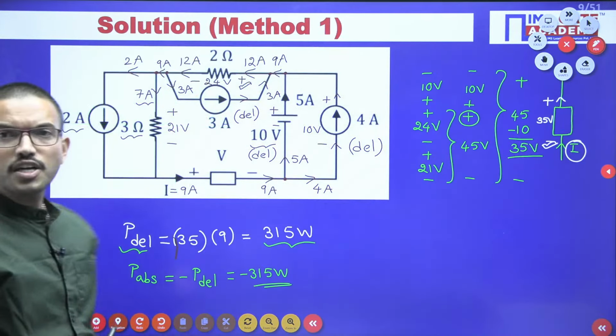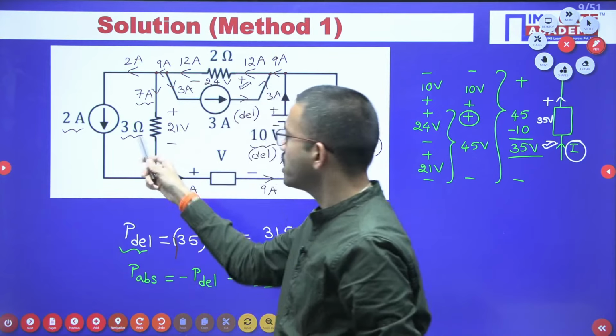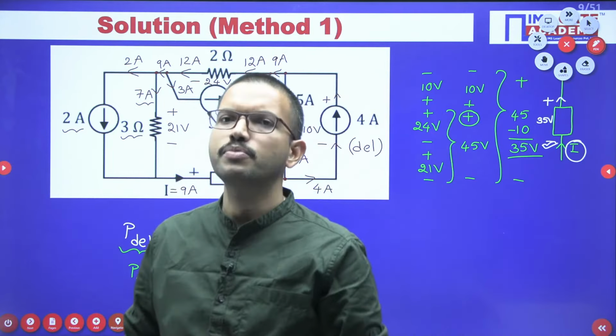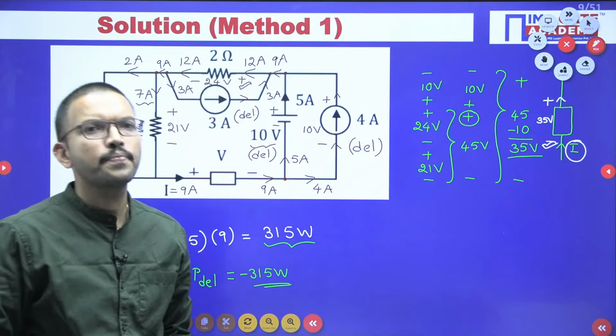With this understanding, all of you tell me, we have one leftover source, that is the 2 ampere source. Whether it is absorbing the power or delivering the power, all of you give it a try.